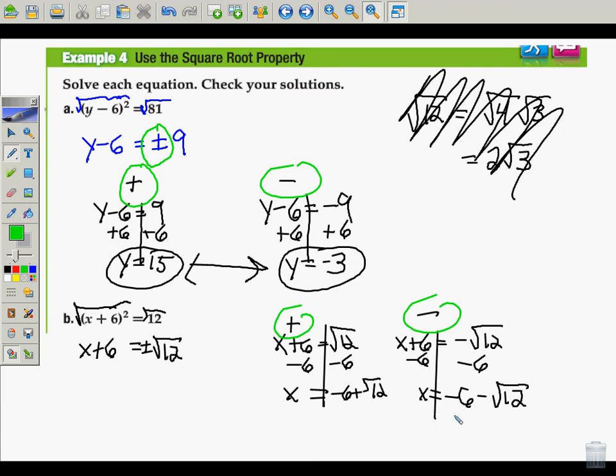It means what we get for the square root, we're going to have the positive square root and the negative square root. That's what this positive and negative is referring to. Not your final answer, but the root should be positive and negative when you set up your two equations.